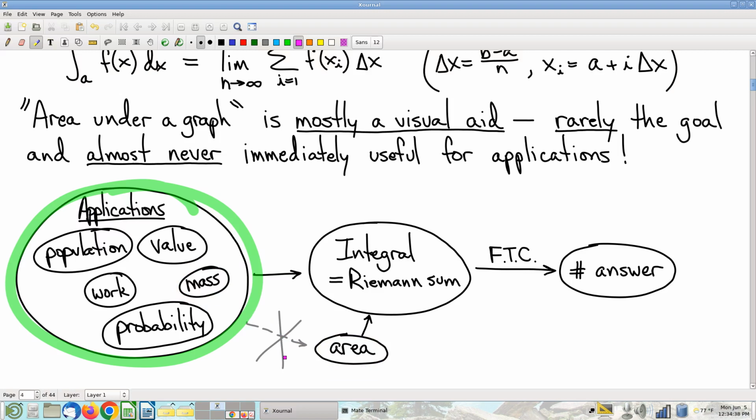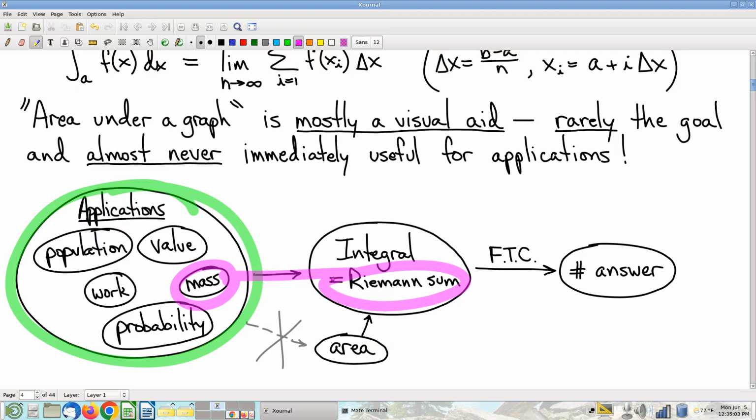Now, any case that one could make along those lines, the more reasonable this argument gets, the more it becomes effectively, indirectly, a two-step argument of: we argue that mass can be computed with a Riemann sum, and that Riemann sum can be interpreted as an area under a curve. And sure, yeah, absolutely. But the point there is, the actual first step is to recognize mass as being a Riemann sum.